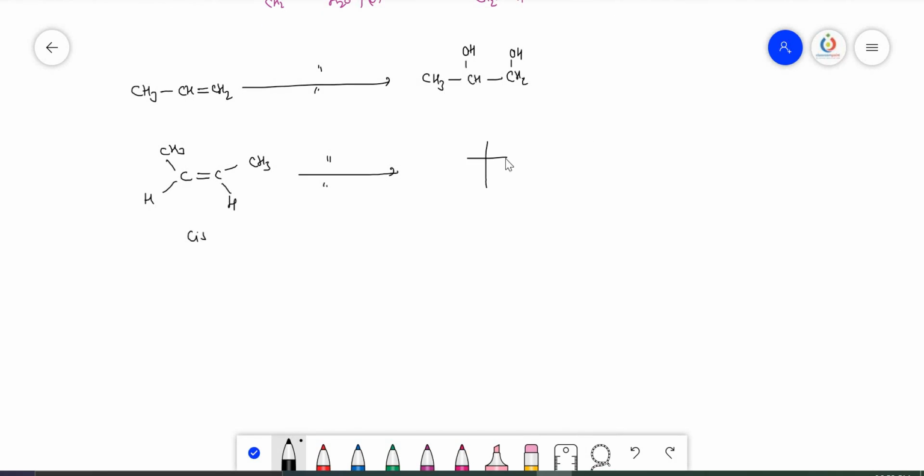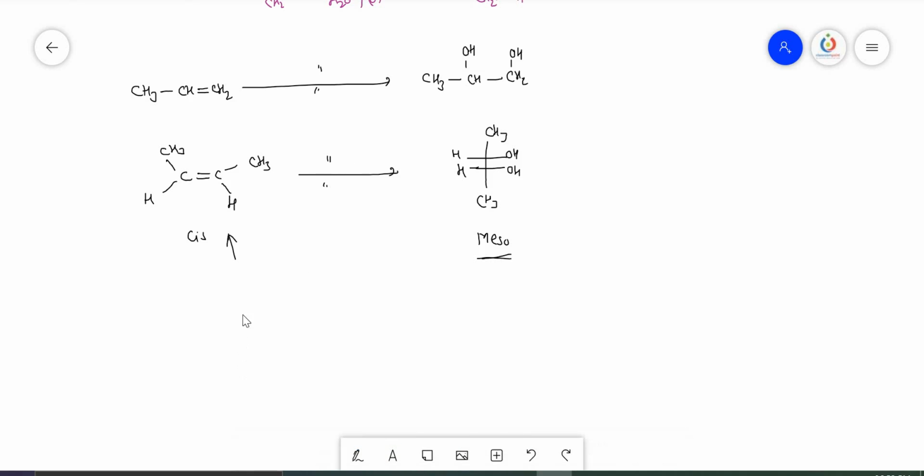So the product will be a meso product: CH3, H, OH, H, OH, CH3. So that you do not get confused how the meso product has come, this molecule is the cis molecule, and the reagent we are using attacks from the same side. Syn addition with the cis always gives the meso compound.